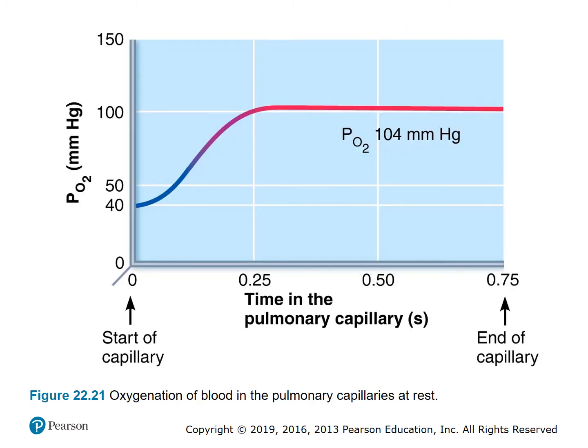Figure 22.21, oxygenation of blood in the pulmonary capillaries at rest. From the start of the capillary, the partial pressure is 40 millimeters of mercury, and then it increases to 104 until the end of the capillary.